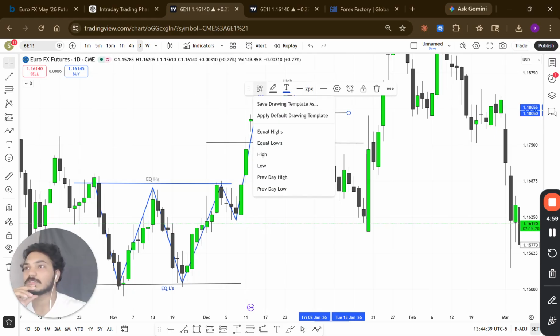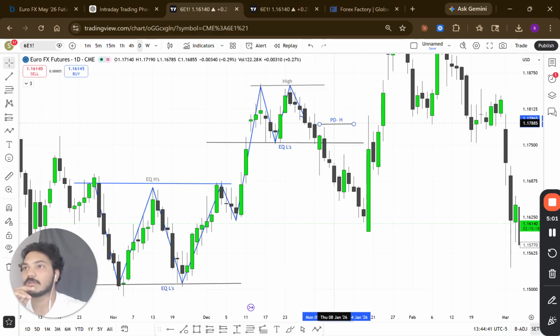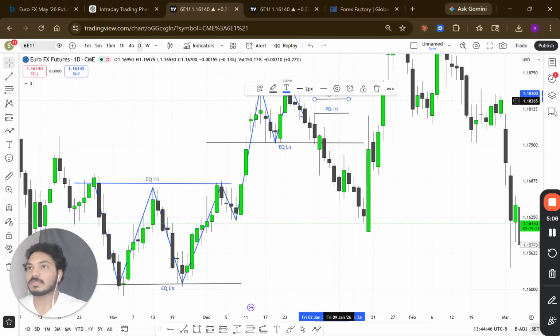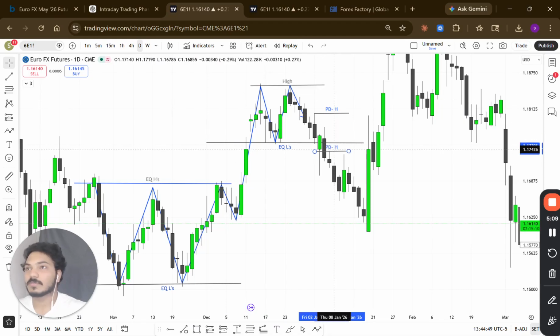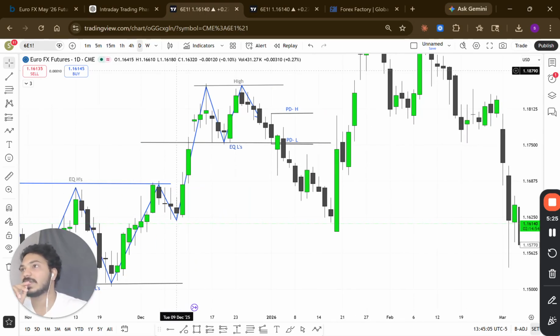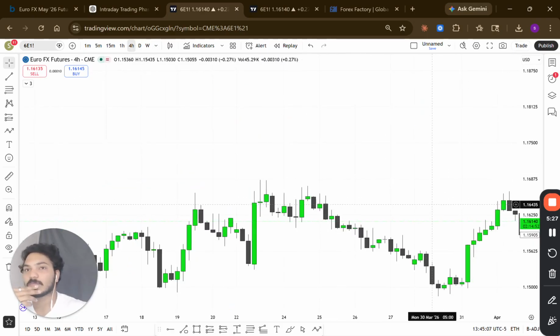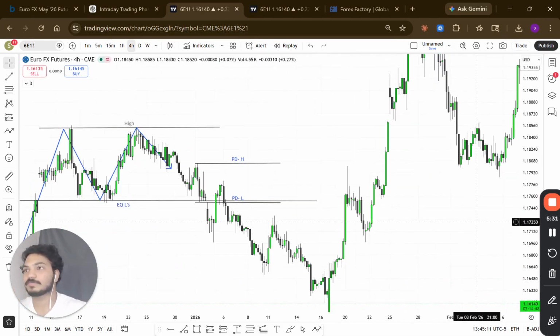So this is the previous day high, and copy paste. Sorry, the previous day's low is pretty much equal to the equal lows here, so keep that in mind. Okay, so let's jump on to the 4-hour time frame right here.